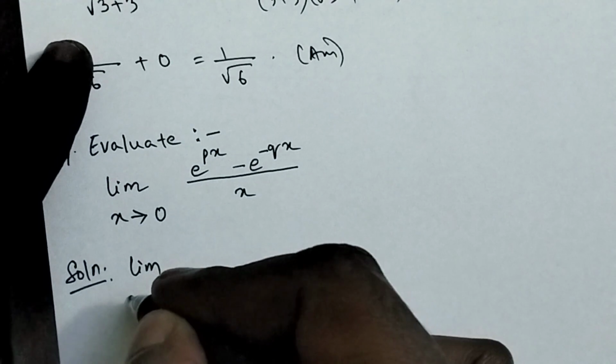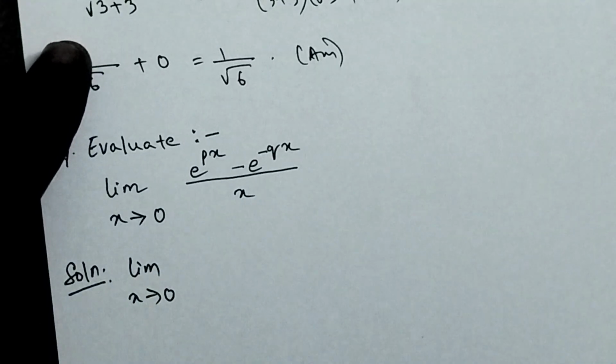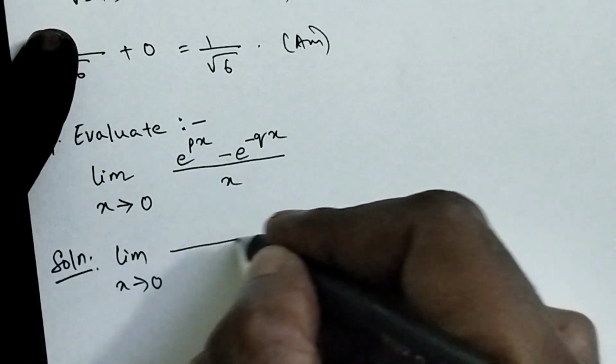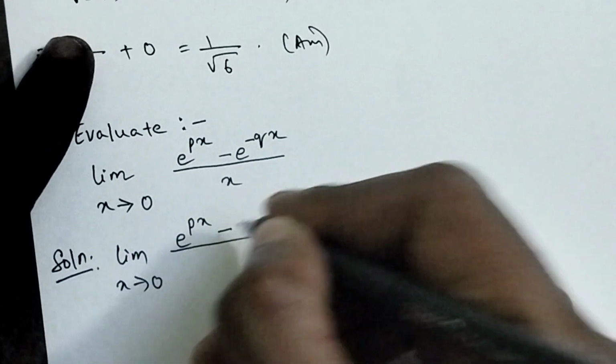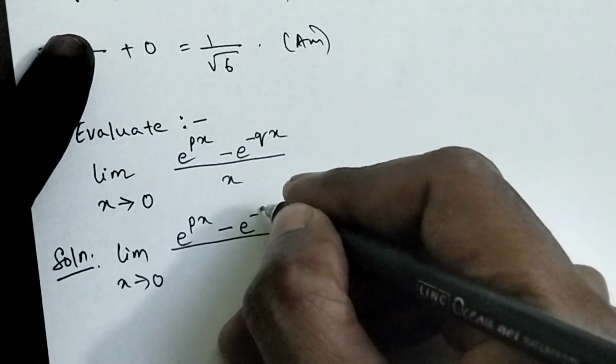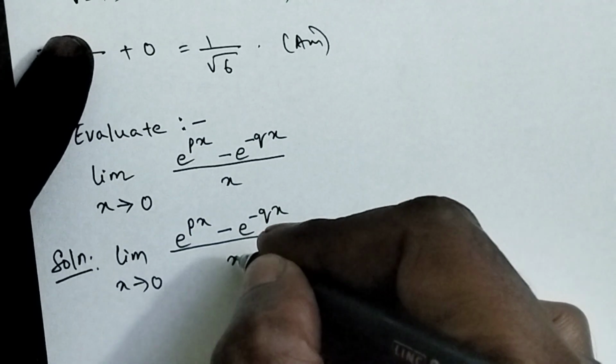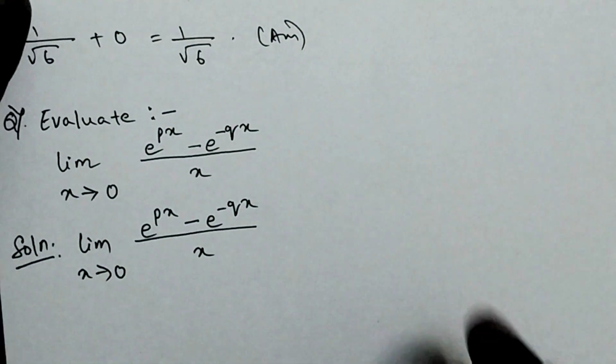Limit x tends to 0, e to the power px minus e to the power minus qx by x. Clear? This has been given to us.